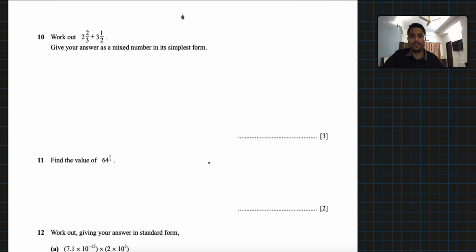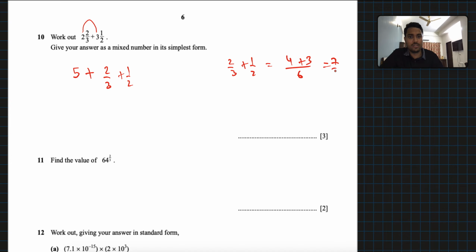Question number 10 now. It says work out 2 by 3 plus 3 and 1 by 2. So 2 by 3 plus 3 and a half. Here we can add 2 and 3, we can directly write 5 plus, now we have 2 by 3 plus 1 by 2. So here we can do cross multiplication. So let's solve 2 by 3 and 1 by 2 separately. 2 by 3 plus 1 by 2 is going to be 4 plus 3 by 6, which is 7 over 6.